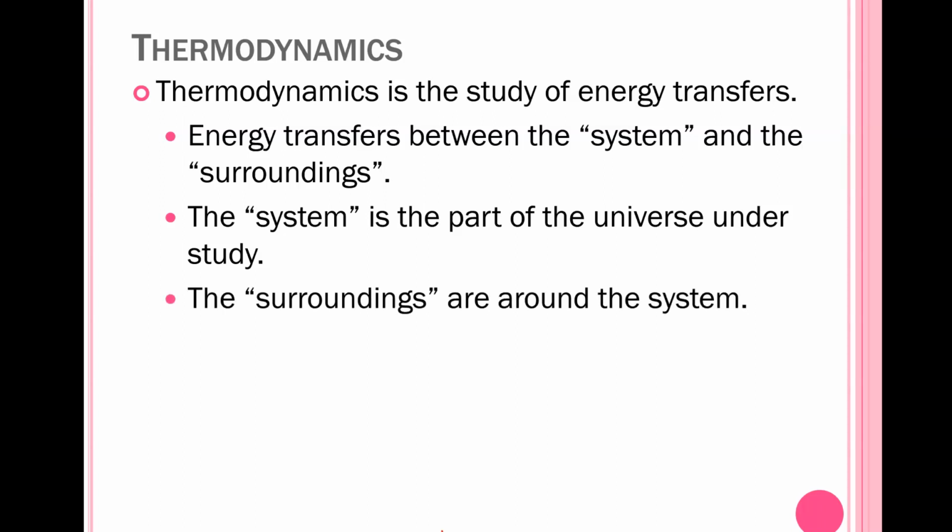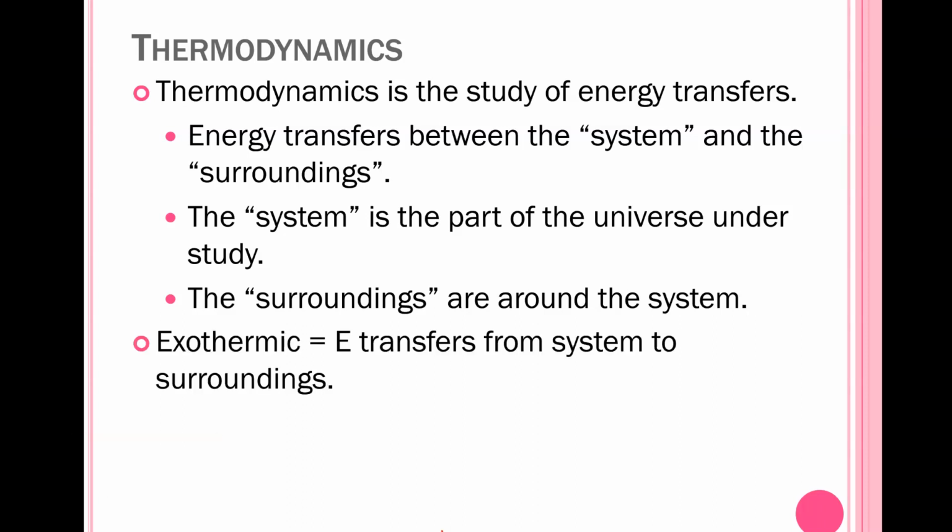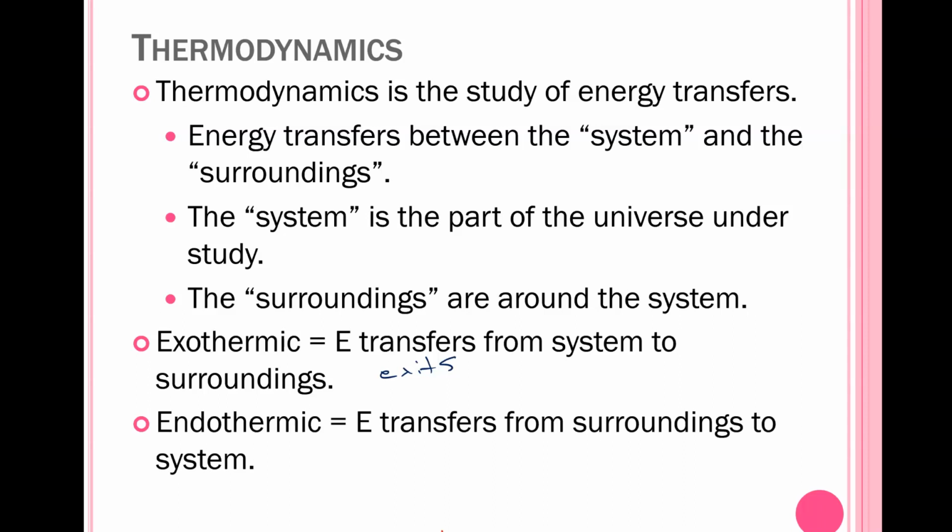The surroundings are the area around the system, and it just depends on, again, how you define the system to be. If something is exothermic, the energy transfers out. It exits from the system to the surroundings. If it's endothermic, it transfers in from the surroundings into the system, but it's always about how it deals with the system.